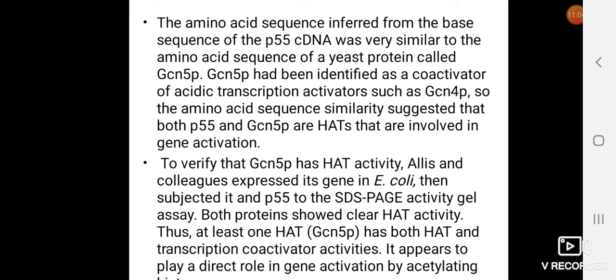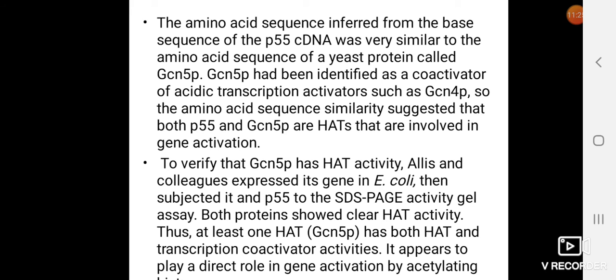The amino acid sequence inferred from the base sequence of p55 is very similar to that of a yeast protein called Gcn5 polypeptide, and they call this the Gcn5 polypeptide family.